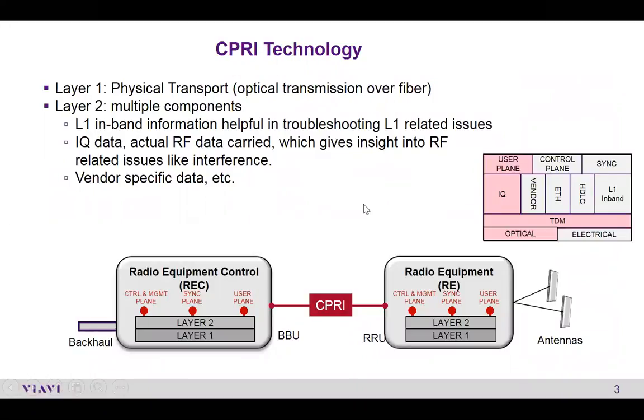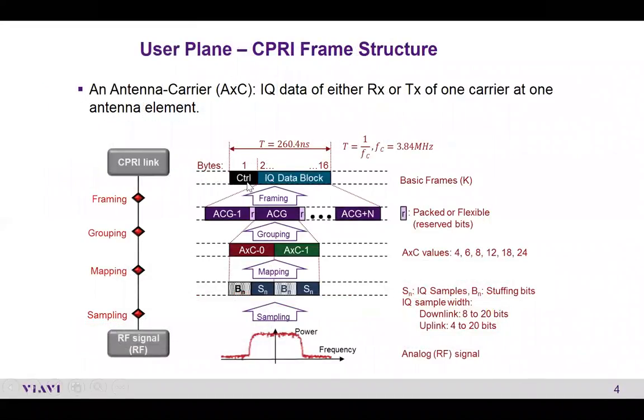So if you now look at what is in the basic frame, basically what we have is usually a control plane, control board, and then most of it is IQ data block that is carrying the IQ data for our user data, right? And if we zoom that further, then what we see is a group of antenna carrier channels.